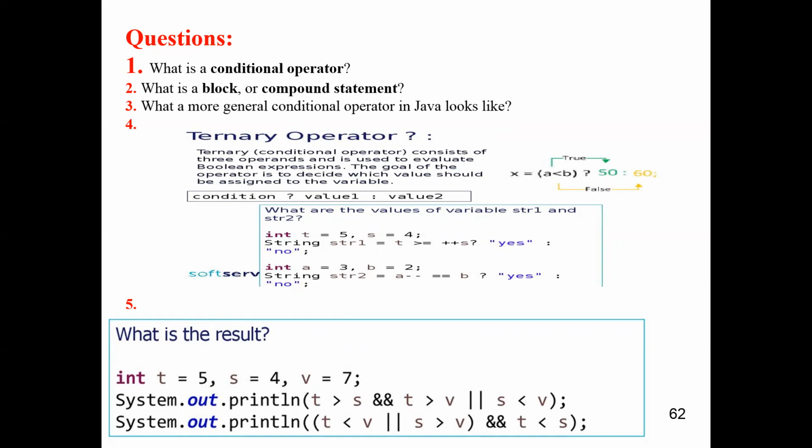The next question: what does the more general conditional operator in Java look like? And you have programming code. You should get the result. What is the result of this programming code? Please look carefully.